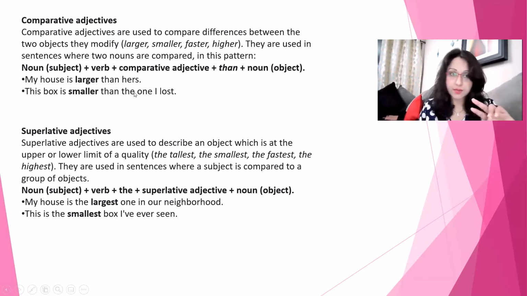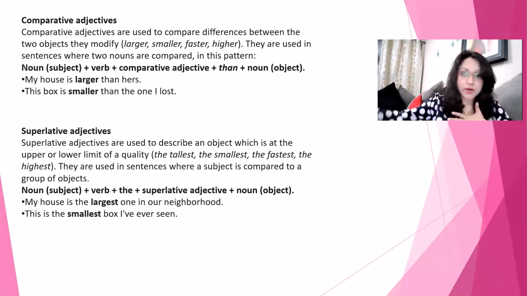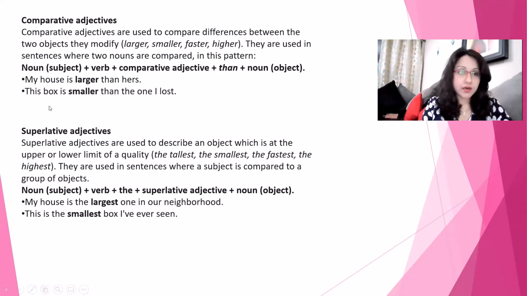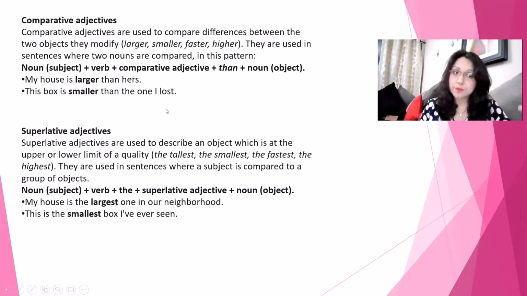Okay, so two things are being compared here, my house and someone else's. Similarly, over here, this box is smaller than the one I lost. Again, two things are being compared: the box which I have now and the one which I had but I lost. So always remember, when you are using your comparative adjectives, you are comparing two things, just two things.